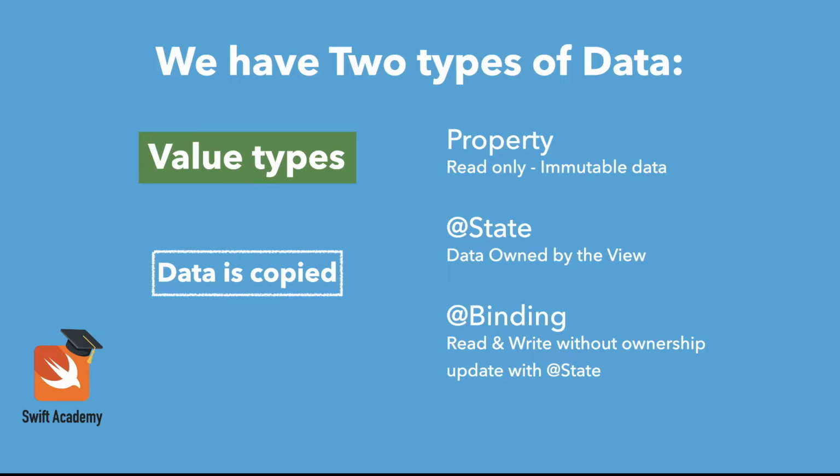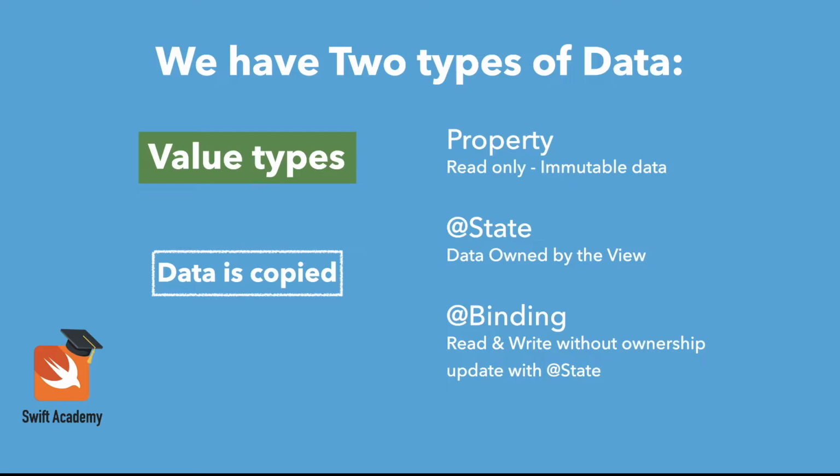Then we are going to use State. This property wrapper tells Swift we need that data, so later on when you rebuild or recreate the view inside SwiftUI, you need to have a state of that data. And if you are going to bind a child view to that view and pass data together, you can use the property wrapper Binding.